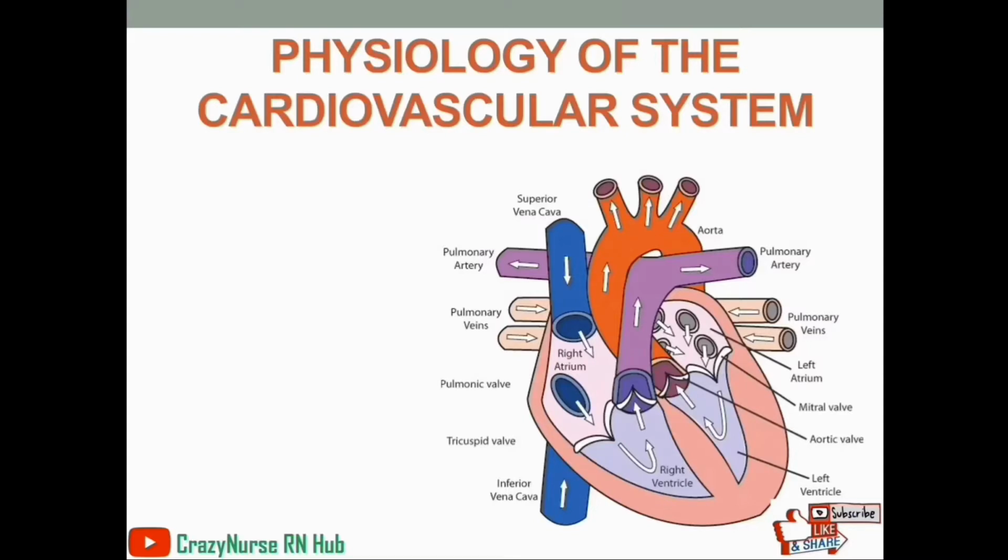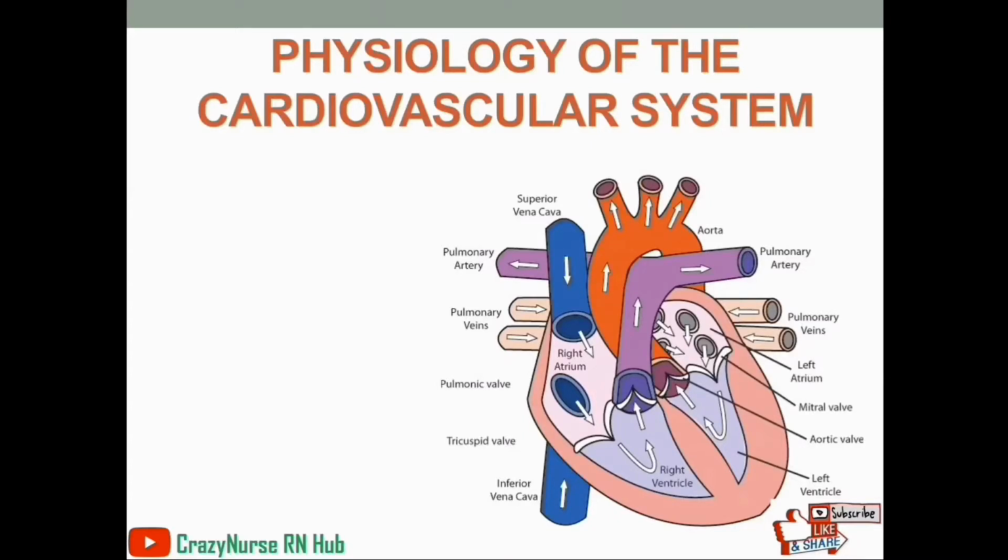The heart and the blood vessels make up the cardiovascular system. Together with blood, it is the major transport system of the body, bringing oxygen and nutrients to the cells and removing waste for disposal. The heart serves as the system's pump, moving blood through the vessels to the tissues.